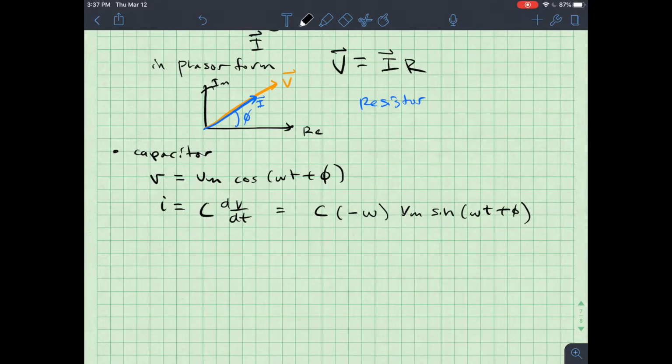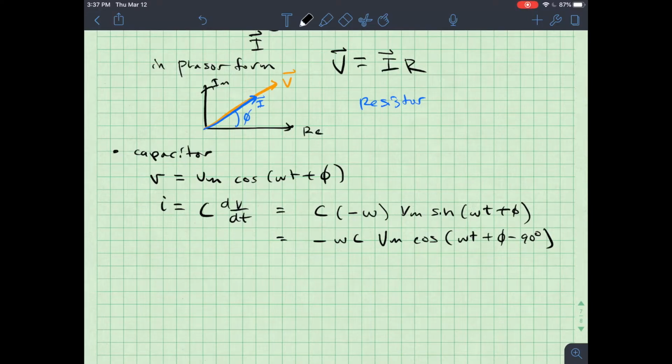To convert that into cosine form, this is equal to negative omega C Vm sine of, let's convert it to cosine, my bad. So negative omega C Vm cosine of omega t, and I get there by taking minus 90 degrees.